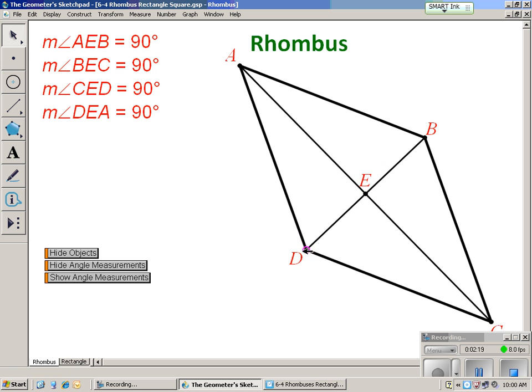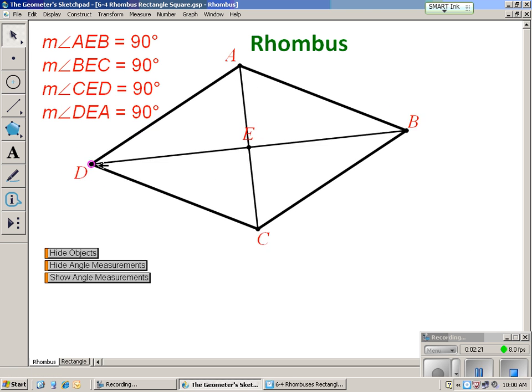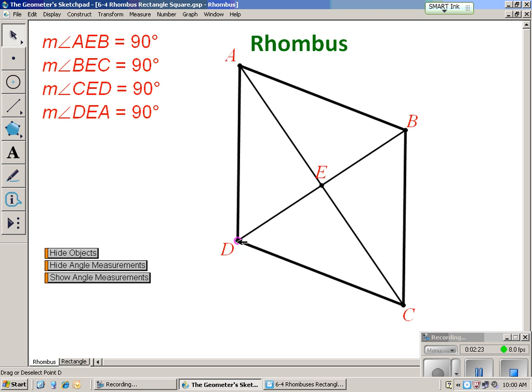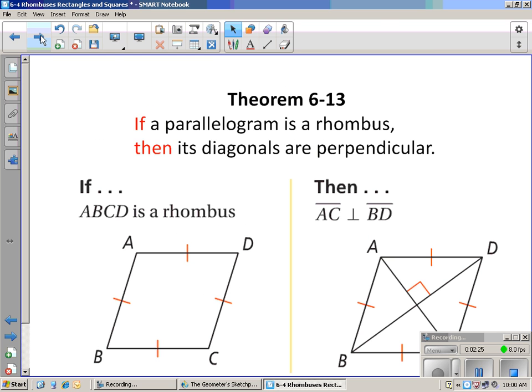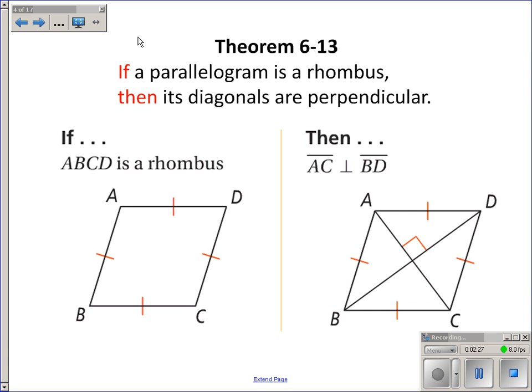No matter how I move this, the diagonals will always be perpendicular. That's the first thing you need to know: if a parallelogram is a rhombus, then the diagonals are perpendicular. We could use triangle congruence theorems and write out a proof for this theorem, but for simplicity, I'm not going to. But you need to know that the diagonals of a rhombus are perpendicular.